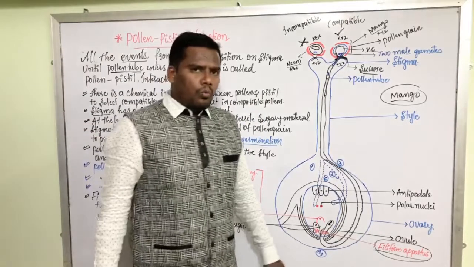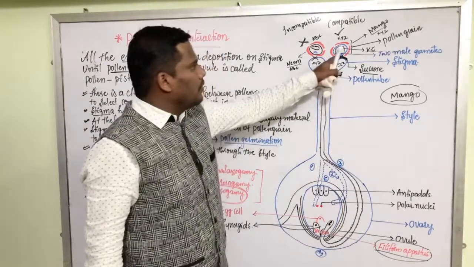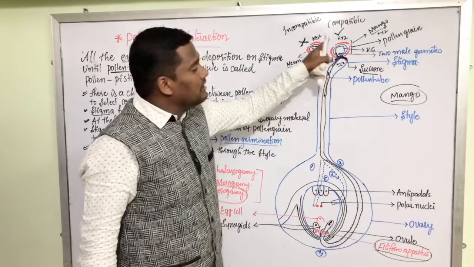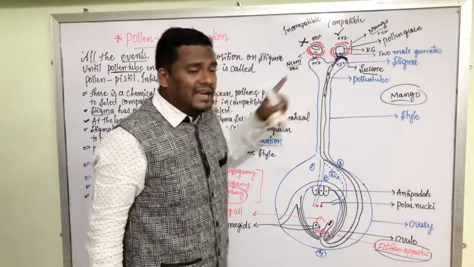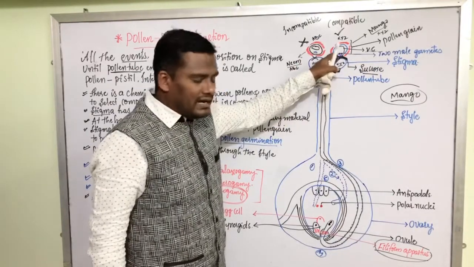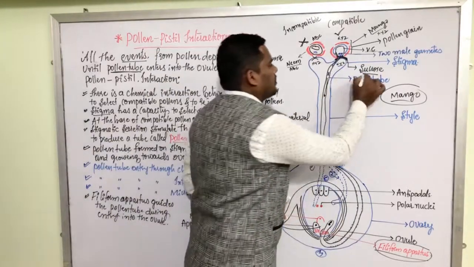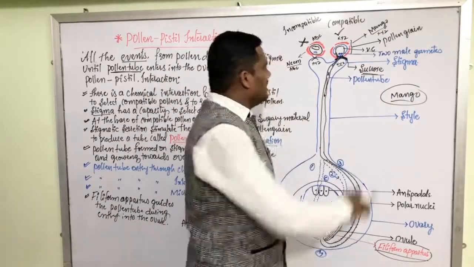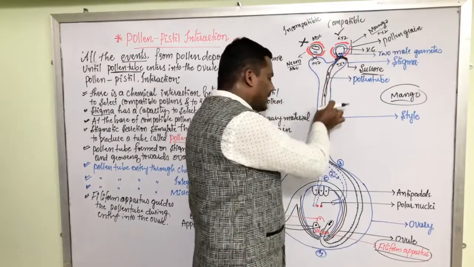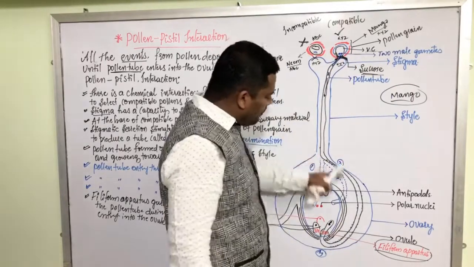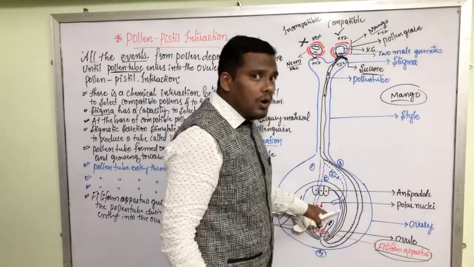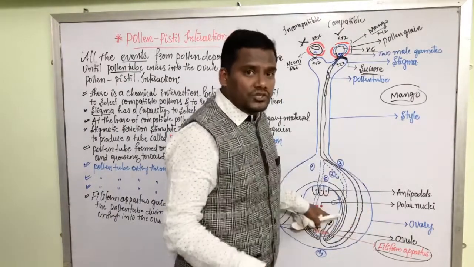Up till now, what we have seen is the pollen grain has landed, the pollen grain is recognized, the right type of pollen grain is facilitated with a sugary substance. Then the pollen grain starts forming a pollen tube. Pollen tube entered into the ovule. What is going to happen next?